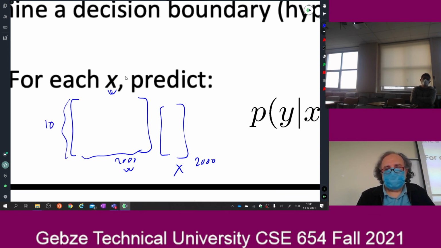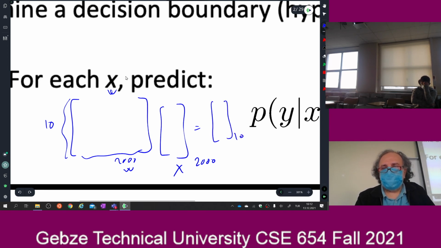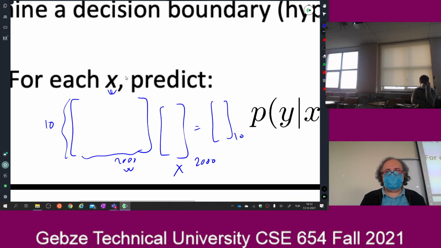If I multiply this 10 by 2000 matrix with the 2000 vector, what would I get? A 10 by 1 vector. It's going to be a vector of 10.